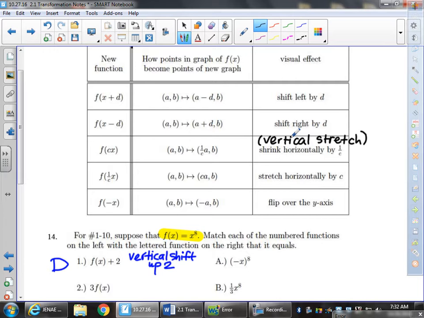Yes, question? She's asking what does this 1 over c mean? It's how we would actually modify an x value if I was given a point. So for example, if I was starting with an ordered pair 9, 1, and we were looking at f of 3x, that makes c 3, correct?